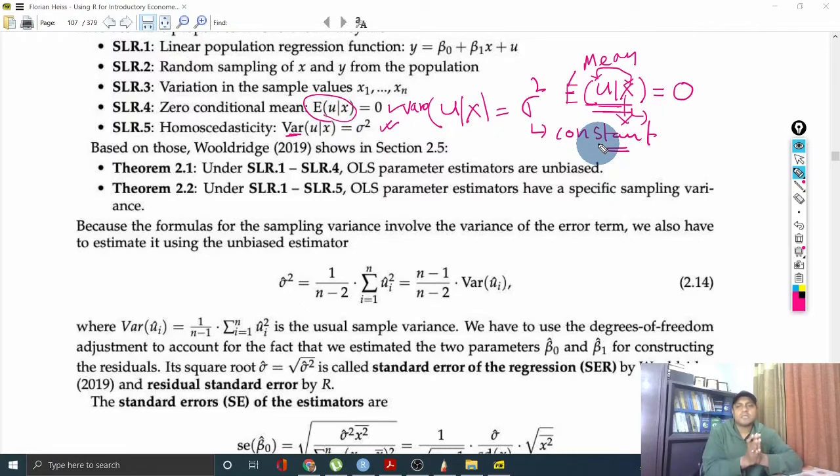It should be constant, and that is what homoscedasticity says: the variance of the error term given the regressor should be constant. If this is not constant, then we find the heteroscedasticity problem, and when we find it, we need to test that issue and find how to solve it.